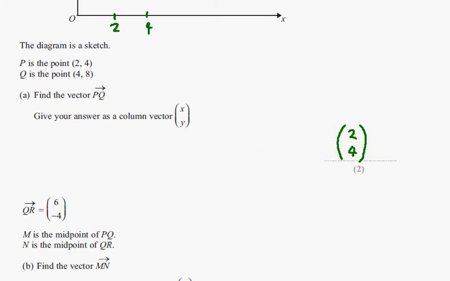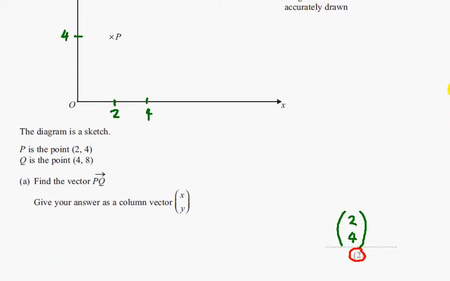So that's worth 2 marks. The mark scheme says the first mark can be for a method. We just put in the positions and worked it out logically. The second mark is for an answer of (2, 4).